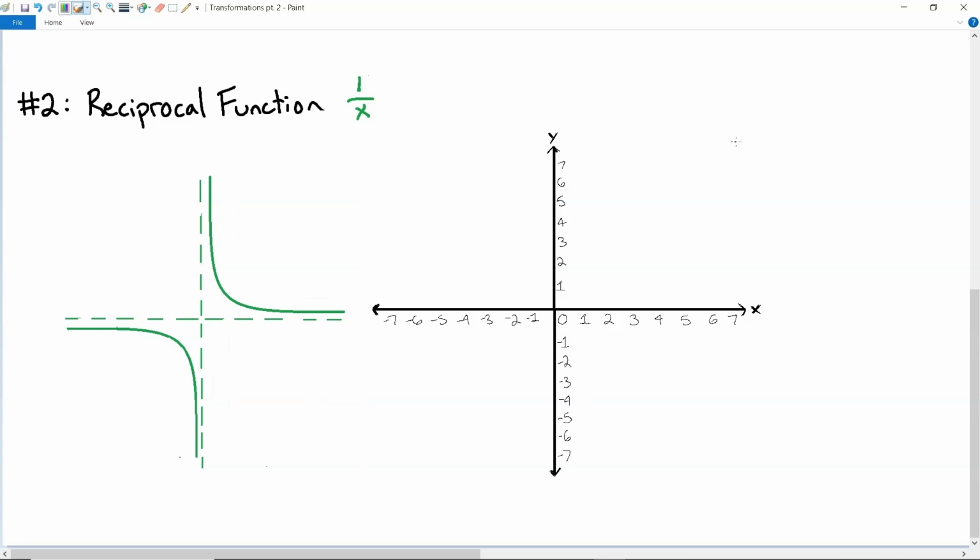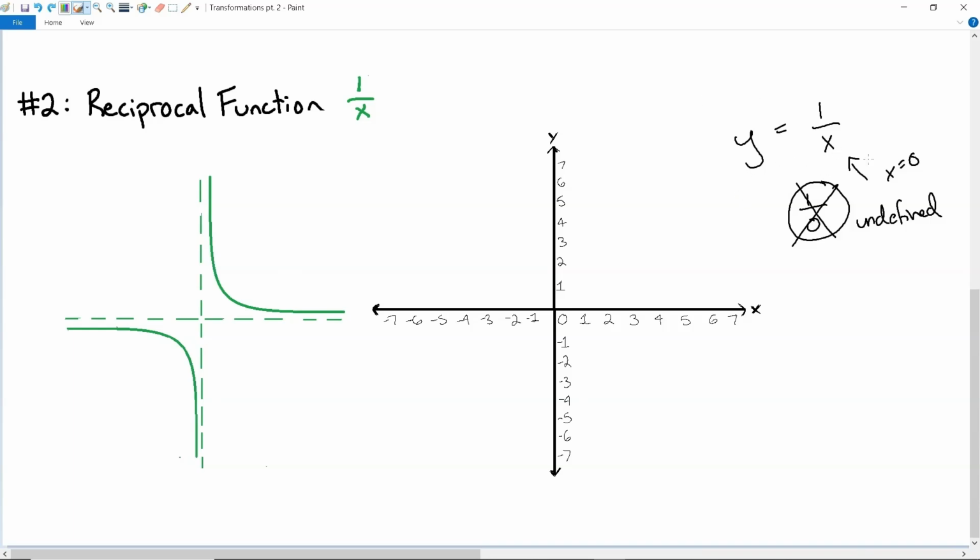And the mathematical reason for that is if we look at the function, we have 1/x, and if I were to set x to 0, I get a 1/0, but we know that you cannot divide by 0, as the answer is undefined. So that explains why x can never hit the value of 0 on the graph.